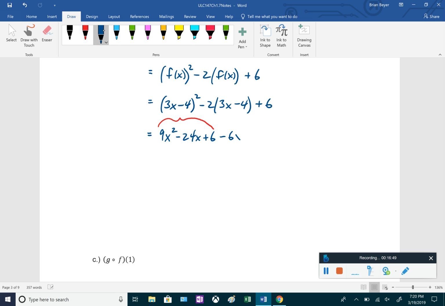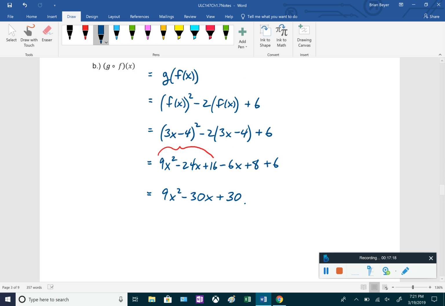We get minus 6x plus 8 plus 6. And we combine like terms. We get 9x squared minus 30x plus 30. But it's 30 because I accidentally wrote 6 when it should have been 16 right there. So plus 30. There we go.